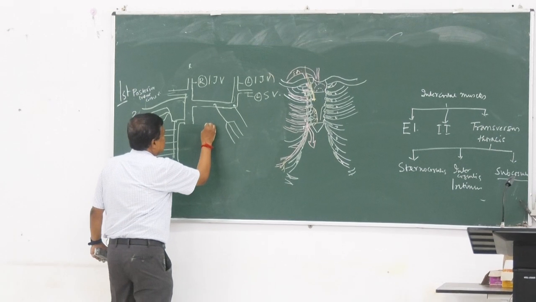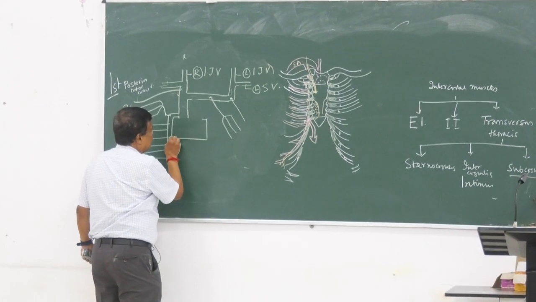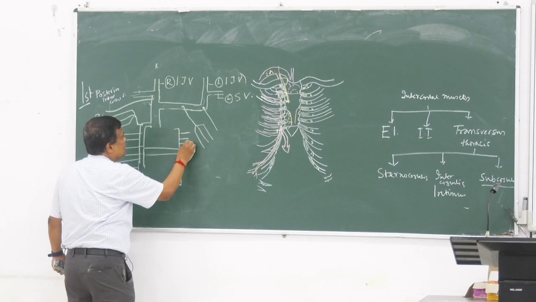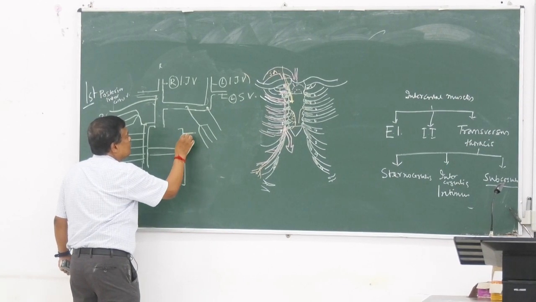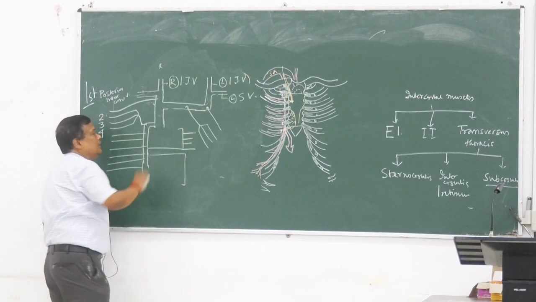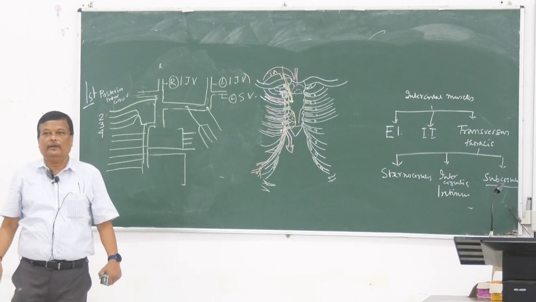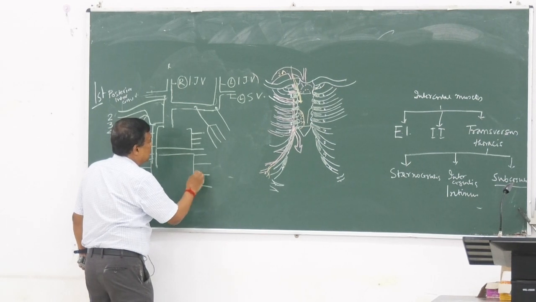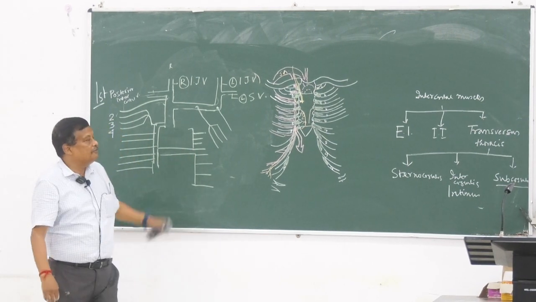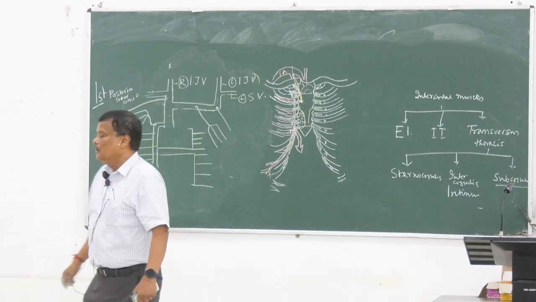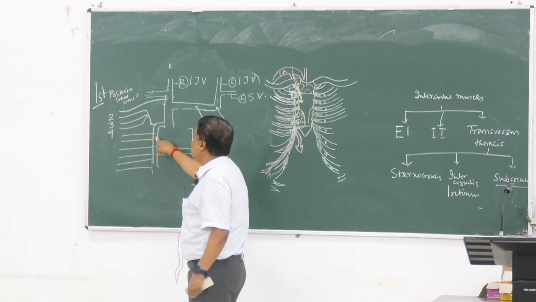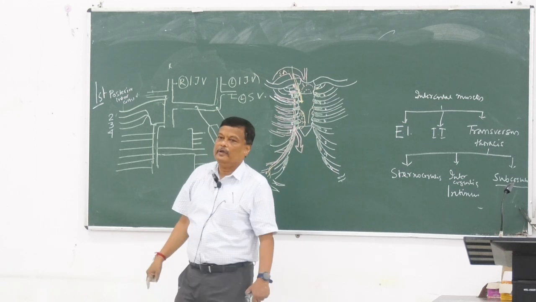And the rest, fourth, fifth, sixth, seventh drain into the superior hemiazygos vein, and 8th, 9th, 10th, 11th drain into the inferior hemiazygos vein. So superior hemiazygos and inferior hemiazygos vein ultimately drain into the azygos vein.